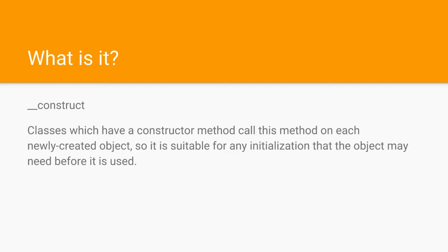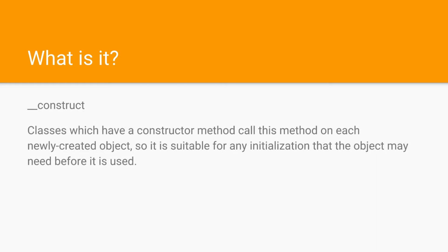Imagine you have a class, and this class has functions or methods as they are called. Normally you would have to call a method, but the construct method, you don't have to call it. It automatically starts itself and does the job that you need it to do. Okay, we'll see in a minute how that works.